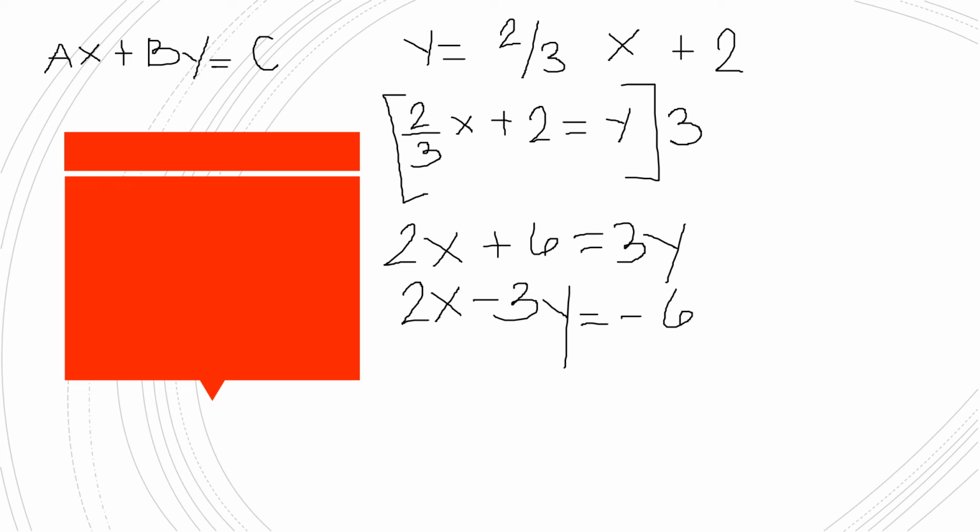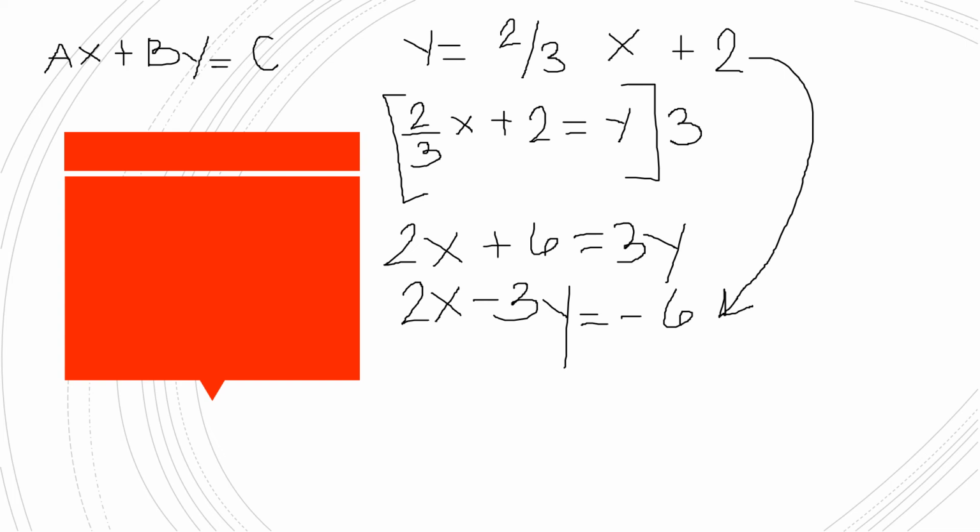So, what is the value of our A? The value of our A? So, our A is 2, B is negative 3, and of course, our C is negative 6. Therefore, y equals 2/3 x plus 2 will become 2x minus 3y equals negative 6. So, from slope-intercept form to standard form. So, that is its form. Okay?